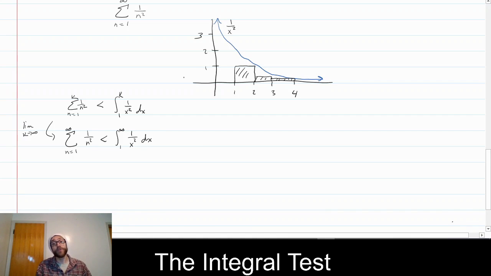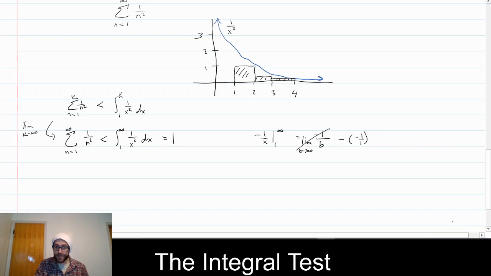Okay. And remember that the integral of 1 over x squared is actually 1, right? Because 1 over x squared integrates to negative 1 over x from 1 to infinity. So it's going to be negative 1 over b, the limit as b goes to infinity, minus negative 1 over 1.